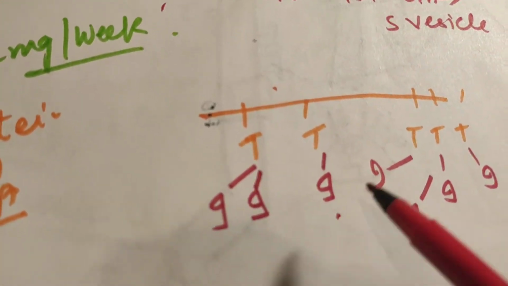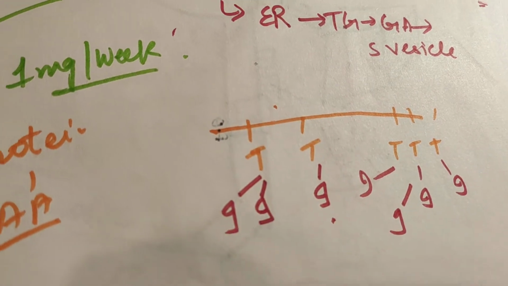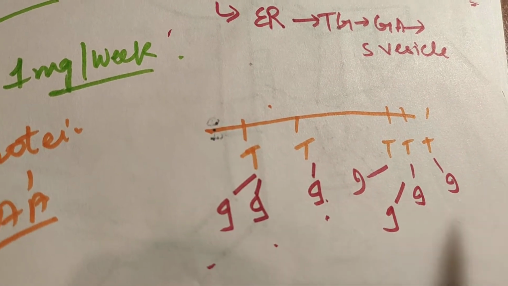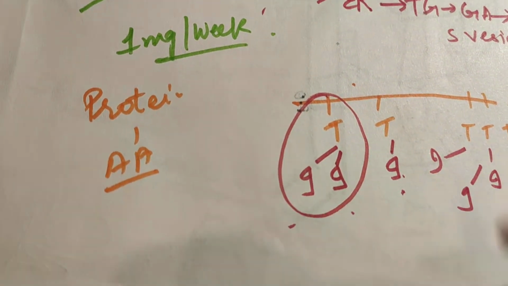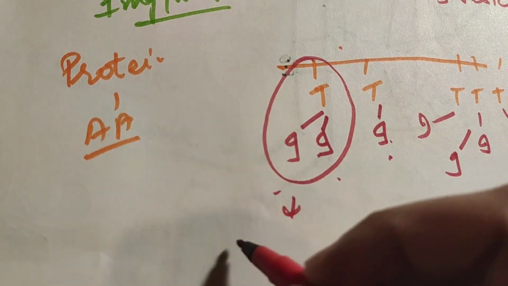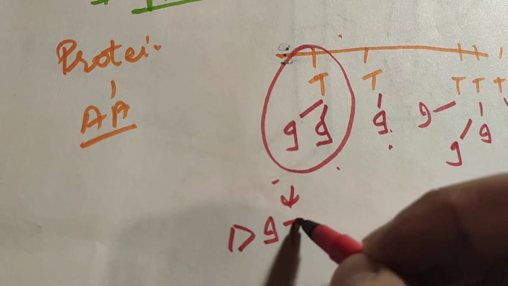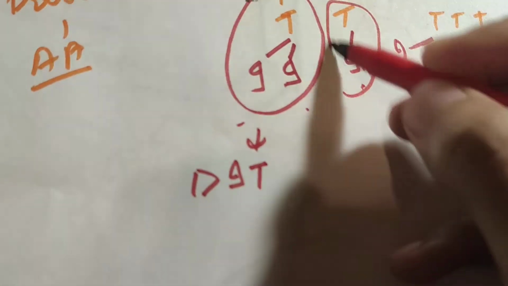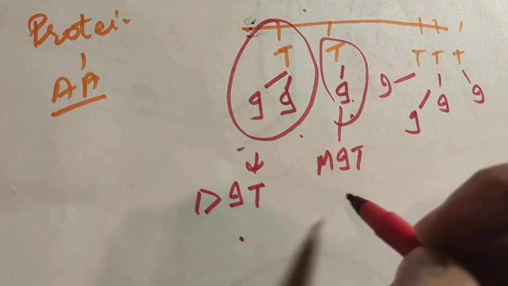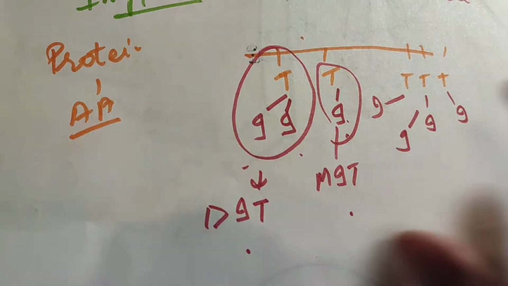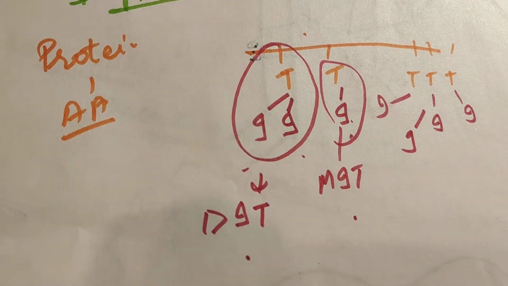This is only 1. So at varied places there will be this kind of arrangement. Now this part is a diiodotyrosine residue. This is a monoiodotyrosine residue. Like this, various DIT and MIT are there in the whole thyroglobulin protein.